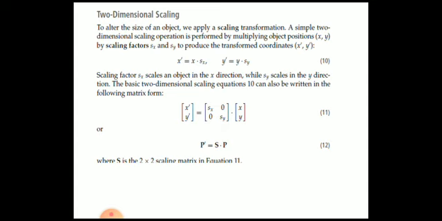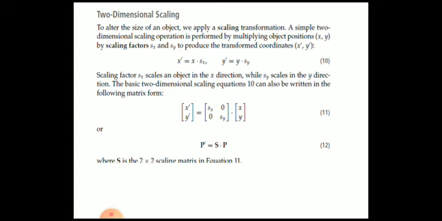So basically it means x dash is nothing but the product of x and sx, and y dash is nothing but the product of y and sy. Scaling factor sx scales an object in the x direction while sy scales in the y direction. That means these are the scaling factors in the x-axis as well as the y-axis.